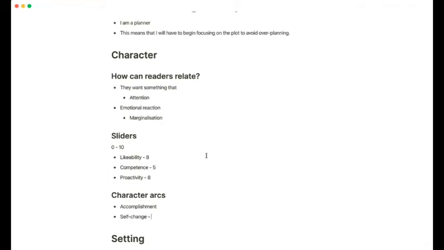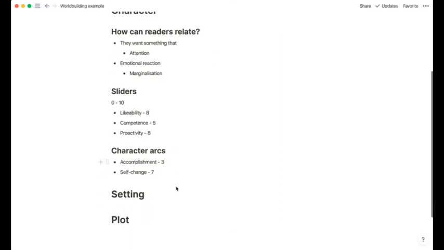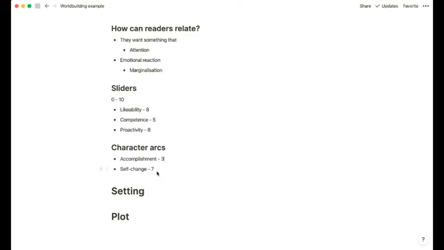So the self-change is going to be the main one. So that's about a 7. And the accomplishment will balance that out. So let's just say a 3, because this person, they change themselves rather than having an impact on others. It's a story that follows the character. It's not a story that follows the character's feats.